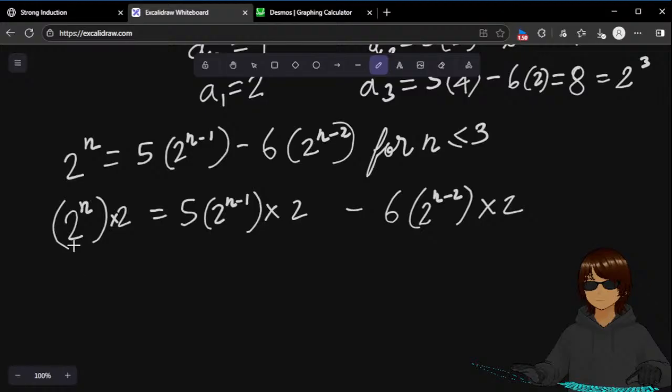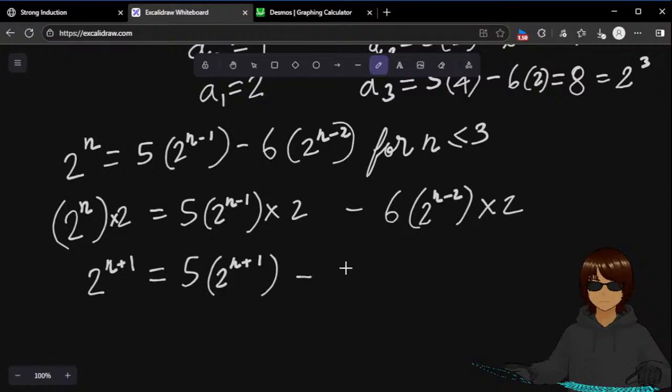Then we have n plus 1 minus 6 times n minus 1.